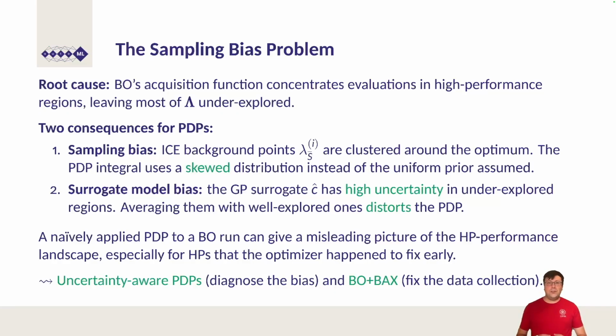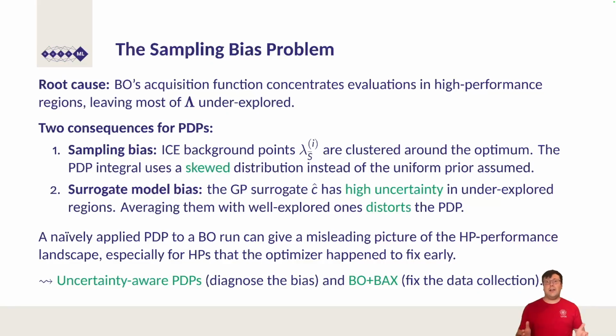The root cause is that the acquisition function concentrates evaluations in high-performance regions, leaving most of the space sparsely sampled. This has two distinct consequences for PDPs. First, sampling bias in the marginalization. The background points cluster near the optimum, so the PDP integrates against a skewed empirical measure rather than the uniform reference the estimate implicitly assumes. Second, surrogate bias.